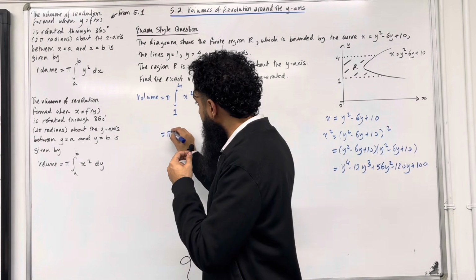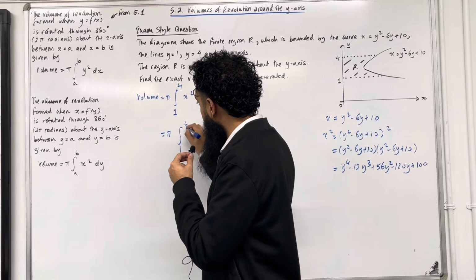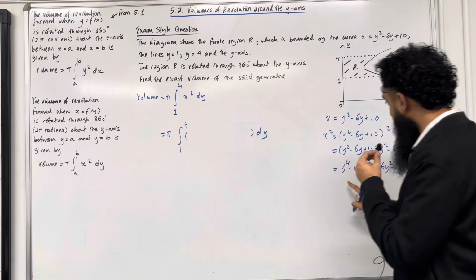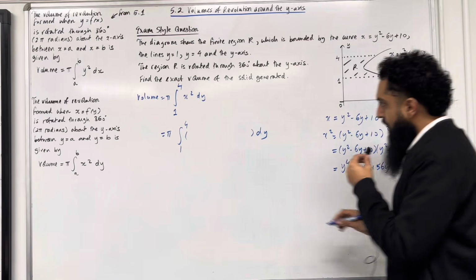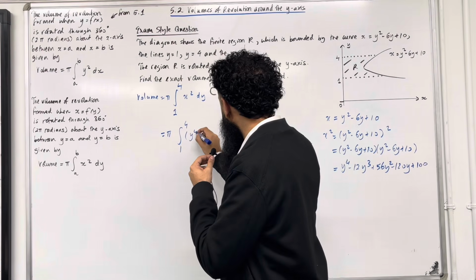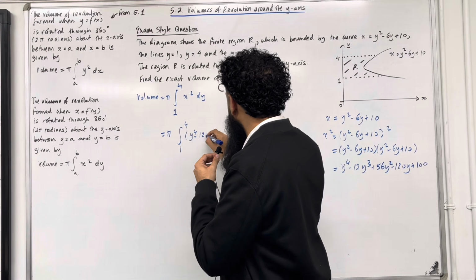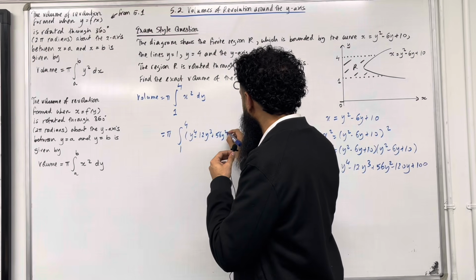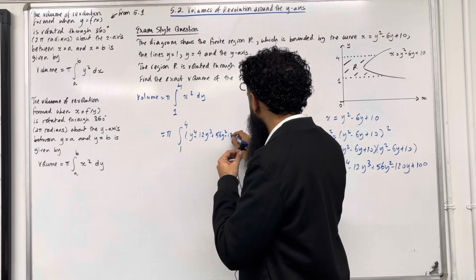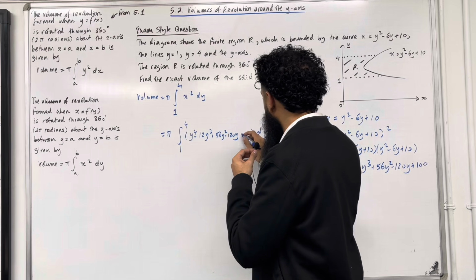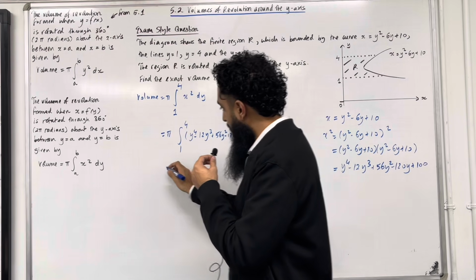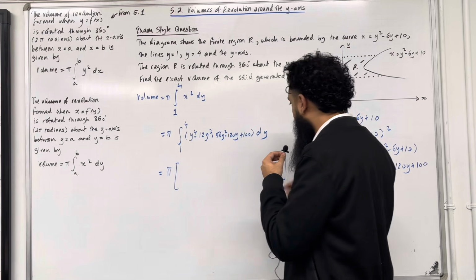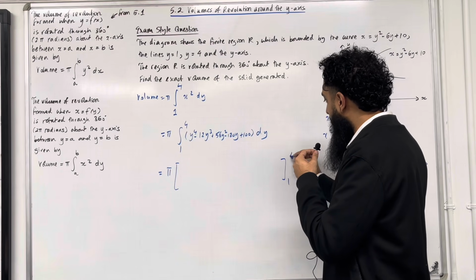I've got pi multiplied by the integral from 1 to 4 of my x squared, which is this quartic over here, so y to the power 4 minus 12y cubed plus 56y squared minus 120y plus 100. So I've got equals pi, open square bracket, close square bracket, lower limit 1, upper limit 4.